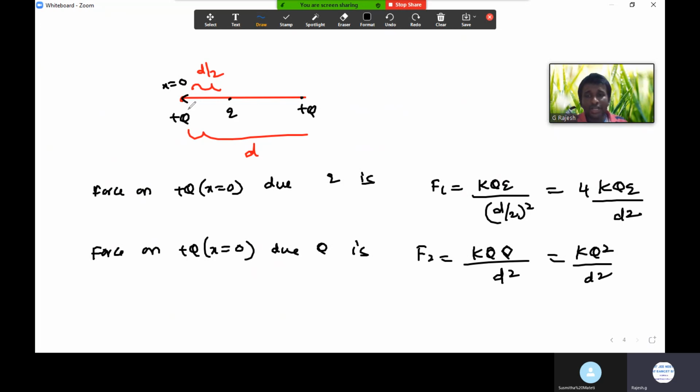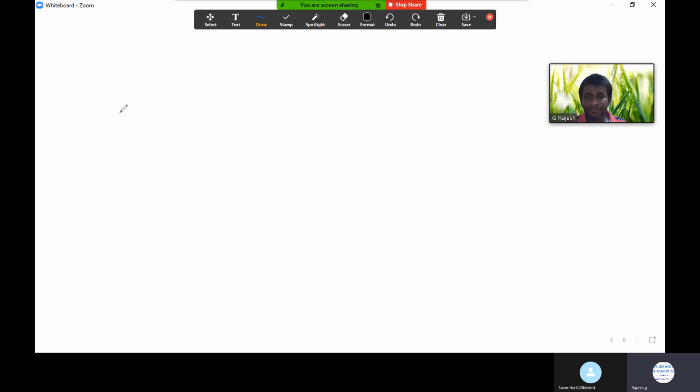He told that the net force on Q at x equal to 0 is 0, so F1 plus F2 equals 0. Adding: 4k Q q by d square plus k Q square by d square equals 0.